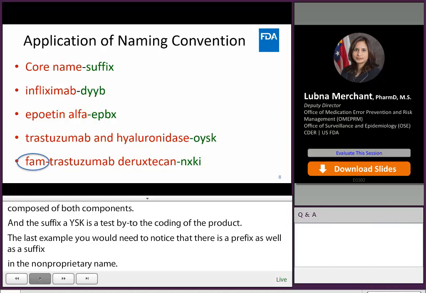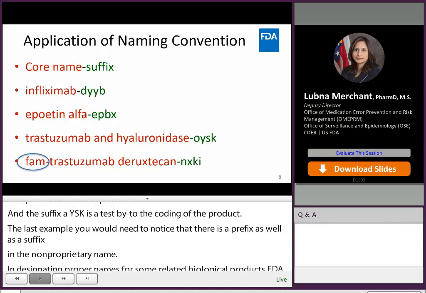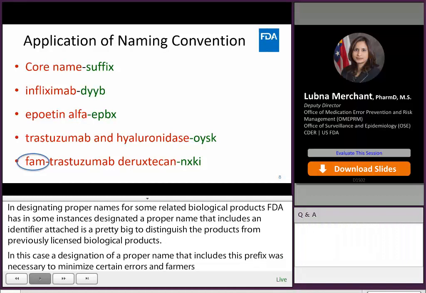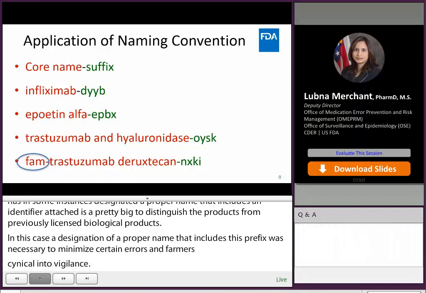In this case, the designation of a proper name that includes this prefix was necessary to minimize certain medication errors and facilitate pharmacovigilance. We may continue such practices on a limited basis when appropriate, when we determine that the designation of a prefix in addition to a suffix is necessary to ensure patient safety.